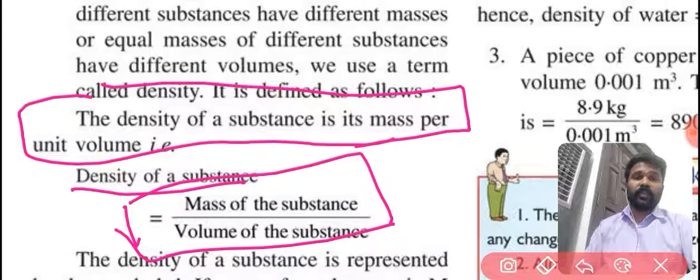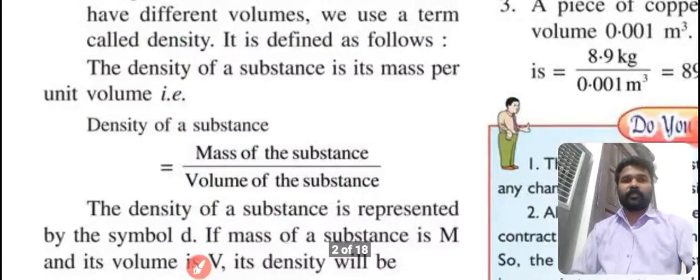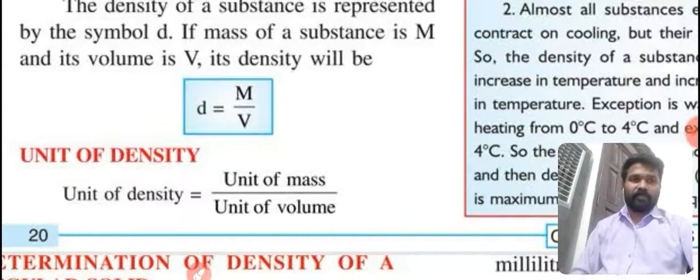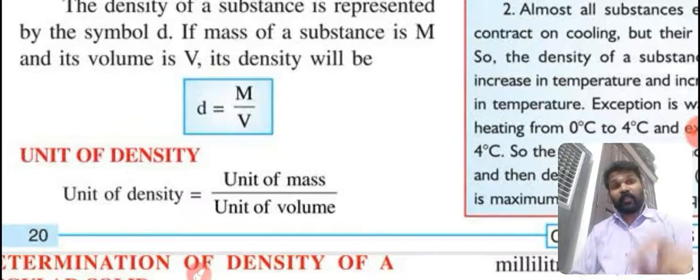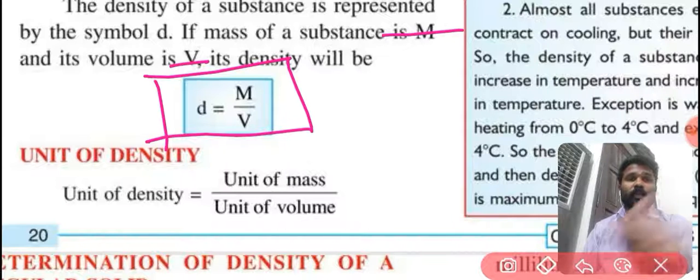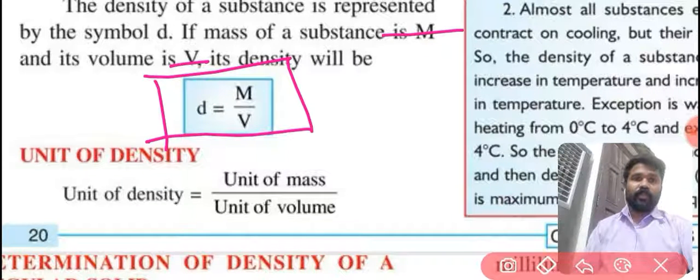The density of a substance is represented by the symbol D. If the mass of a substance is m and its volume is V, then we can write it as D is equal to m upon V, that is equal to mass upon volume.